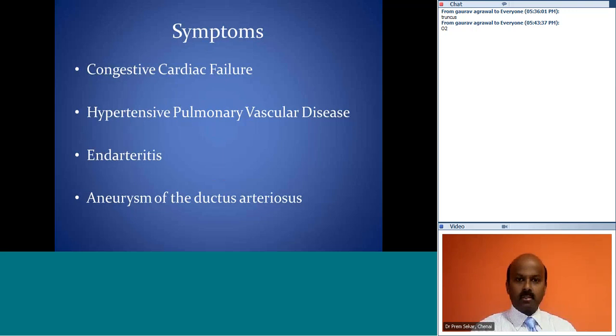Consequently, they have a higher end diastolic pressure. The left ventricle then compensates by increasing the stroke volume, and over a period of time hypertrophies to normalize the wall stress.